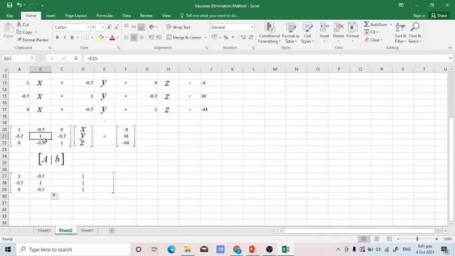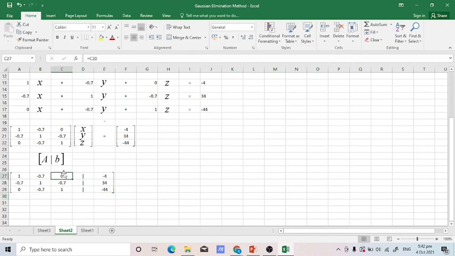Okay, 1, negative 0.7, and then 0, then drag down. Then we have negative 4, equals negative 4, and then F20, F21, F22.